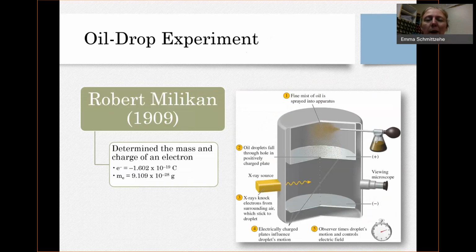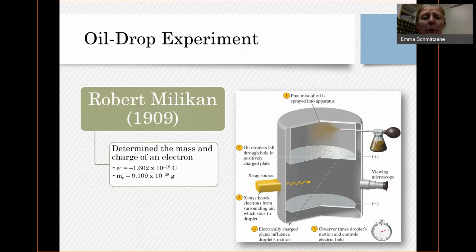Then he would apply a field, cause them to hover at a certain point, and based on that he was able to further study these negative particles that Thomson had discovered. So he could determine the actual charge and the actual mass of these particles, to understand a little better what makes up these individual particles that we're calling electrons.